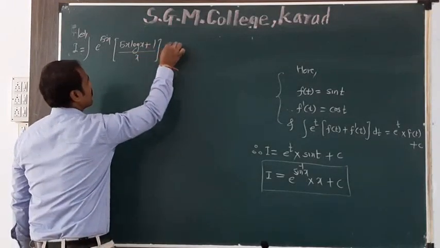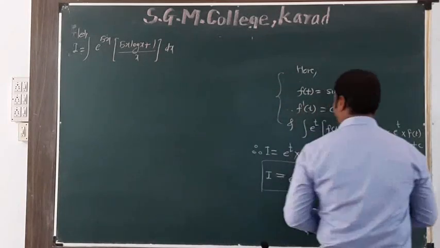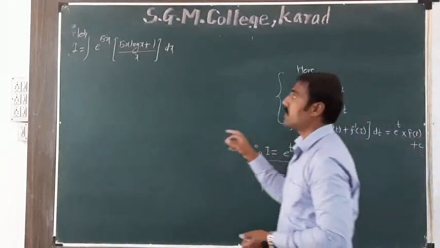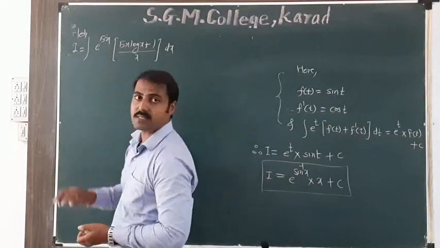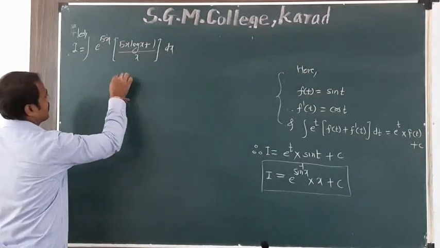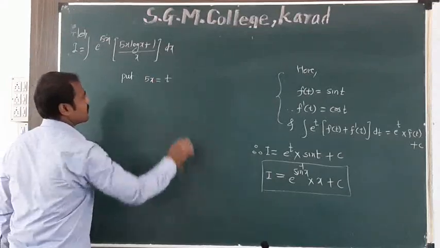Look at here. In the corollary, there is term e raised to t or e raised to x, but here is e raised to 5x. So I use here substitution method. Put 5x is equal to t.